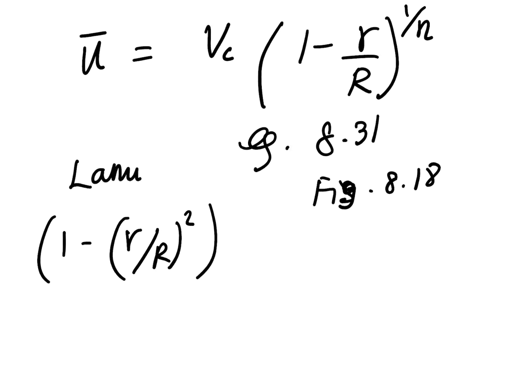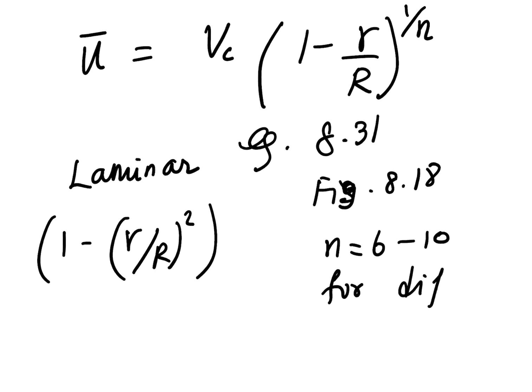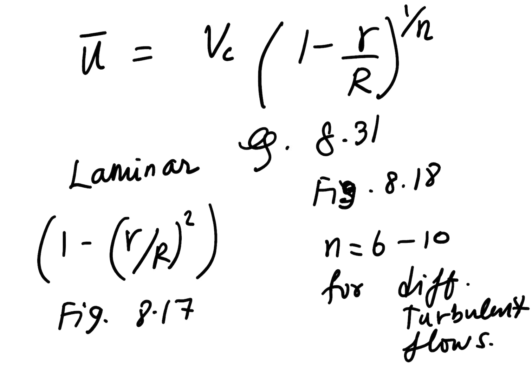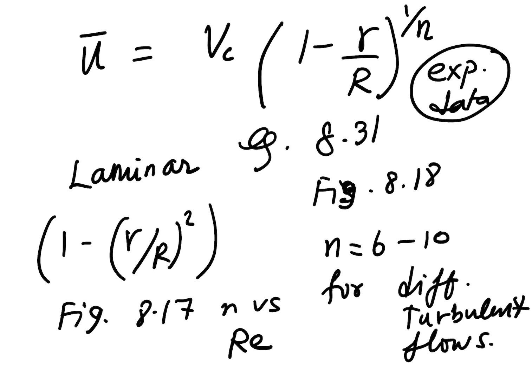And n can take different values, like n equals 6 to 10 for different turbulent flows. Figure 8.17 plots n versus Reynolds number and gives you the values between 6 and 10 for different Reynolds numbers, and these are all based on experimental data. The experimental values are fit to these functional forms, and we'll see some examples during lecture time.